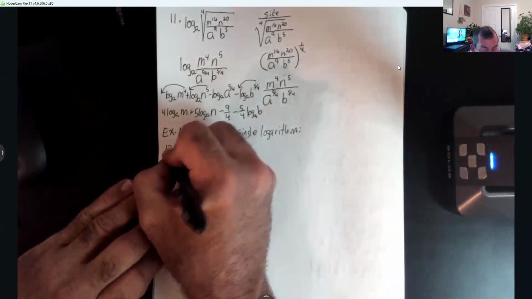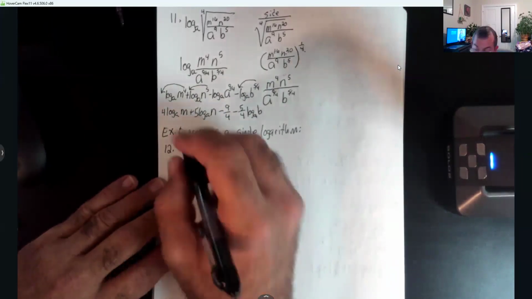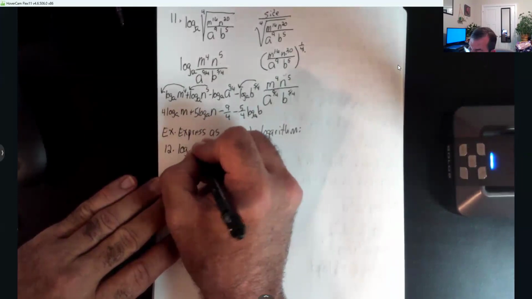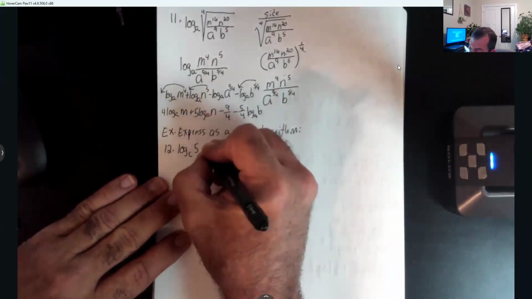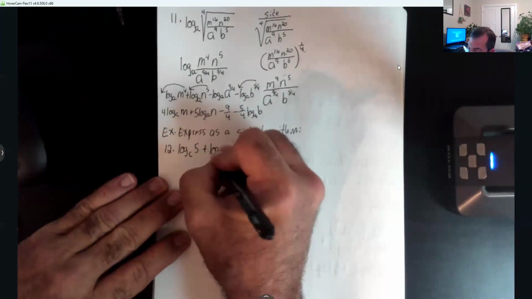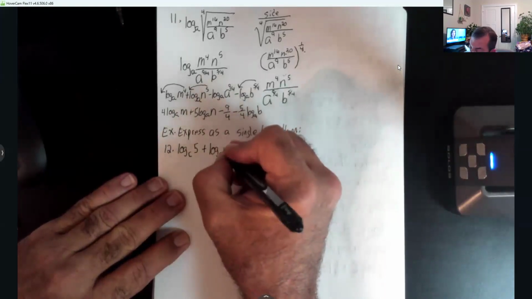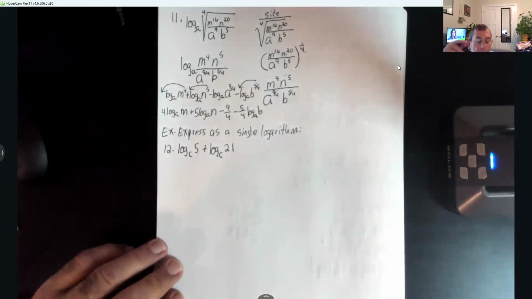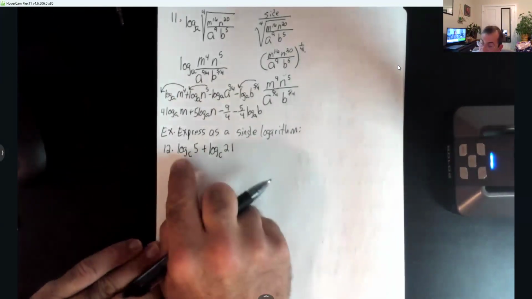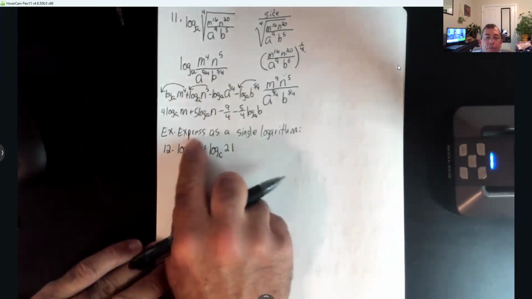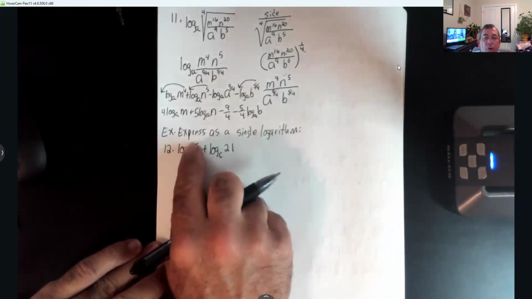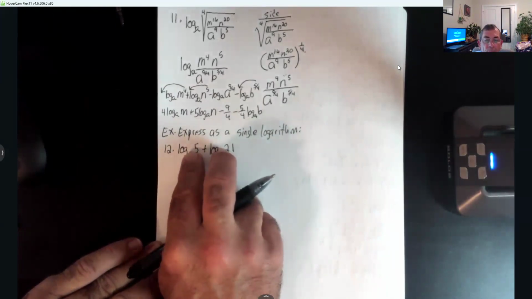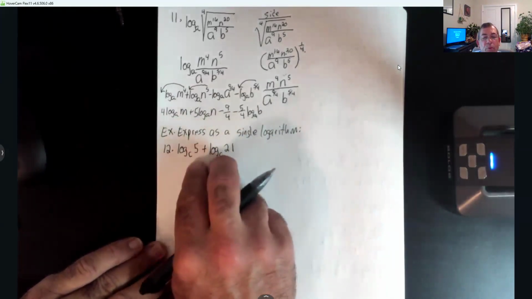All right, y'all. So number 12, I got log base C of 5 plus log base C of 21. So in order for us to get a sum of logs, we started with a product of logs. So if you start with a sum of logs, you're going to rewrite them as a product.